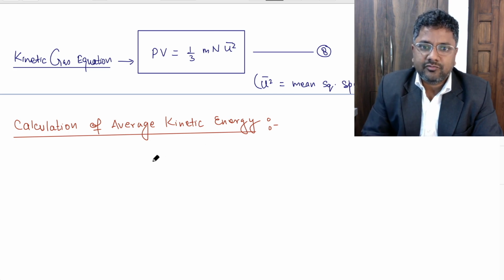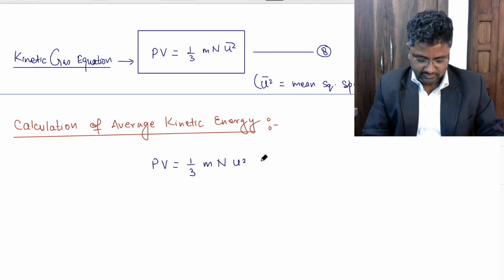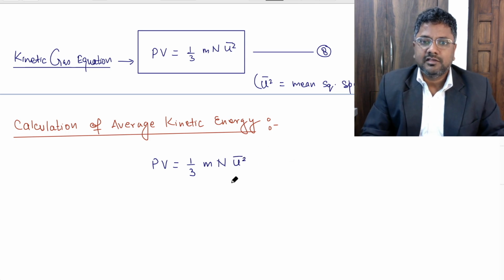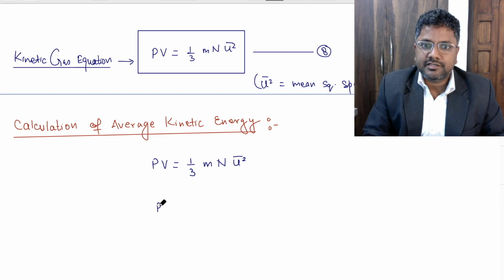See, we have two fundamental equations. PV is equal to 1 by 3 m N u bar square, and PV is equal to nRT.